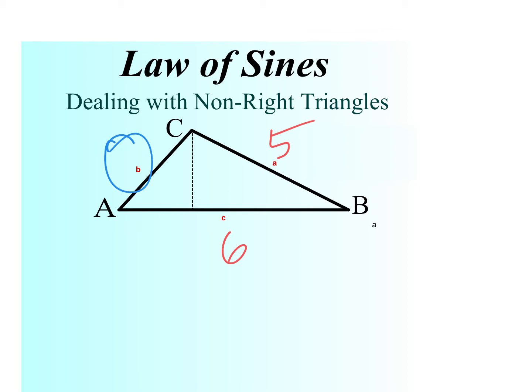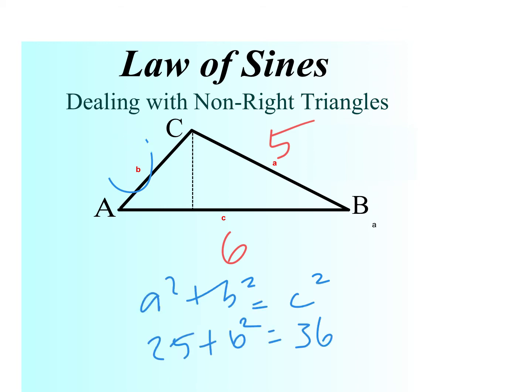Okay, so there's the fast way and the slow way. All right. The slow way would be to write out a squared plus b squared equals c squared, and then stick in everything you know. A is 5, so it would be 25 plus b squared equals 6 squared, which is 36. Subtract on both sides, take the square root of it. And that would all work. But let me just remind you of the fast way if it was a right triangle.